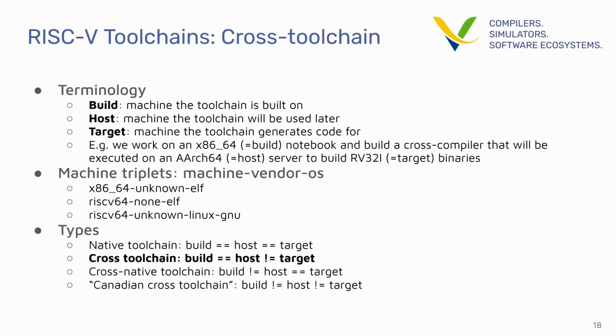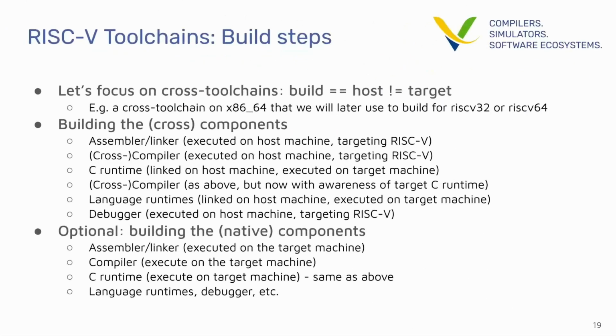Let's focus on cross toolchains. So for example, we have an x86 machine where we will build a cross toolchain that we will later use on exactly the same machine to build code for RISC-V 32 or RISC-V 64. When building such a toolchain, we can typically go through the following steps.